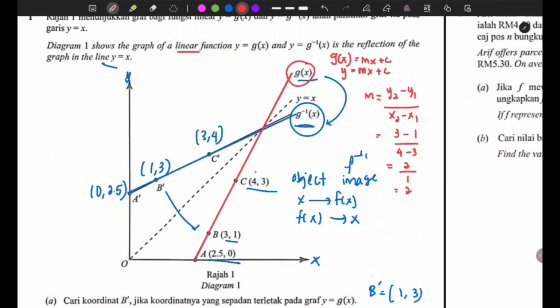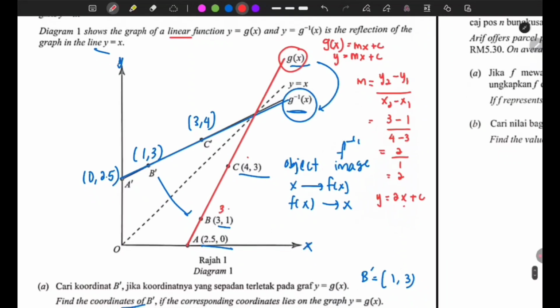So the c, use any of the coordinates that you know. So y equals gradient 2, times x, plus c. Use any of the coordinates. Maybe b, use (3, 1). Sub inside here. 1 equals 2 times 3 plus c.